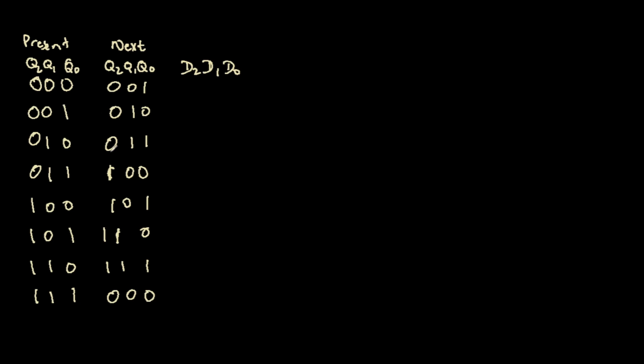Because remember, when we come up with a truth table, we are trying to analyze this table to determine these parameters, whatever we have on this right-hand side here. So this right-hand side will actually be our D2, D1, and D0, which will be the inputs to the flip-flop.